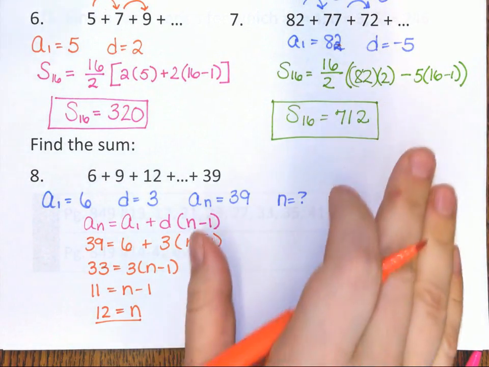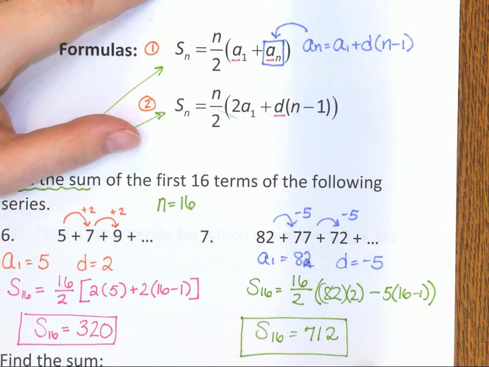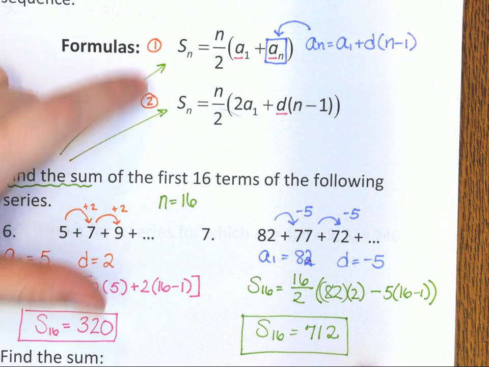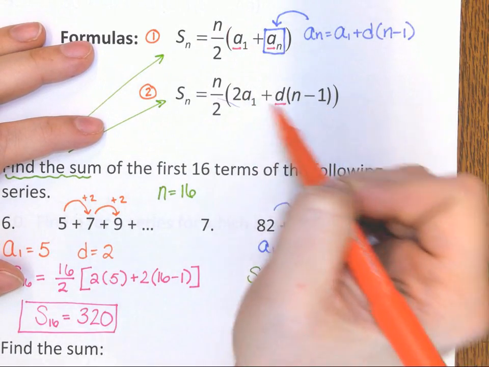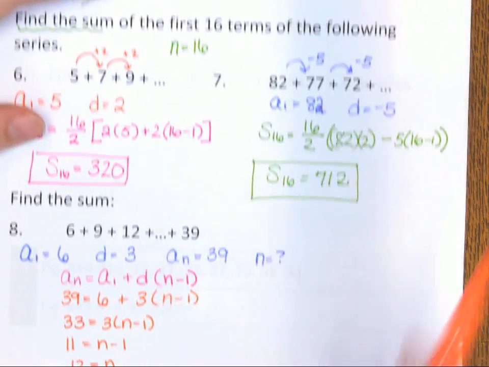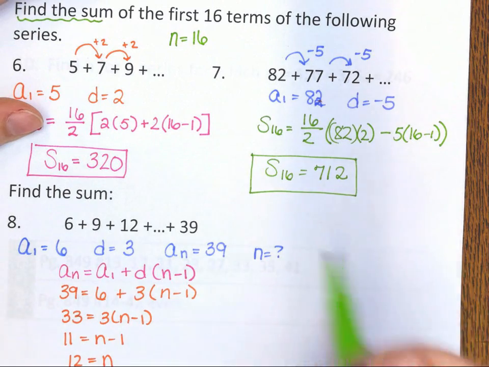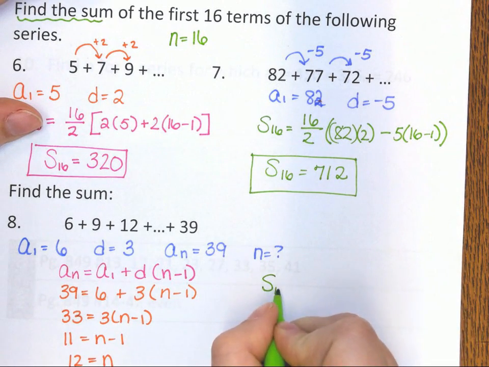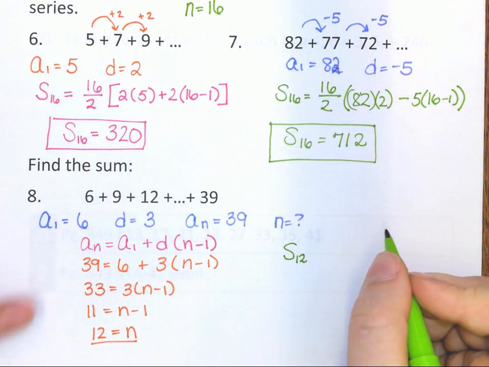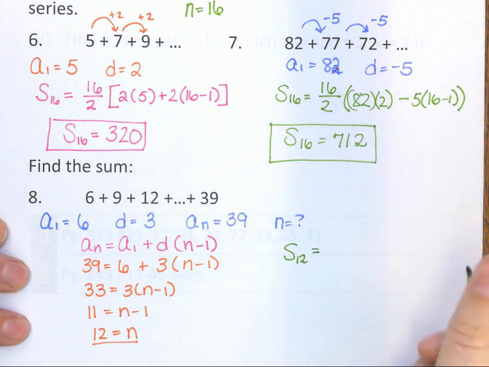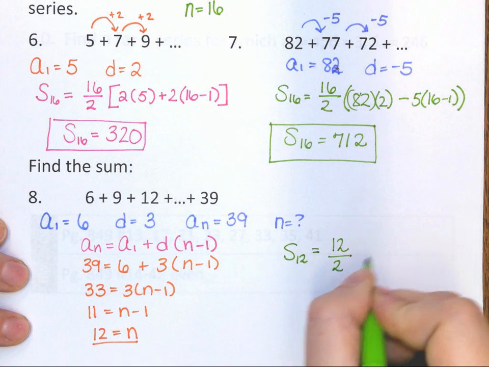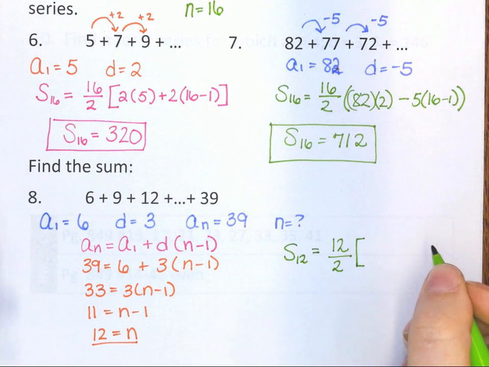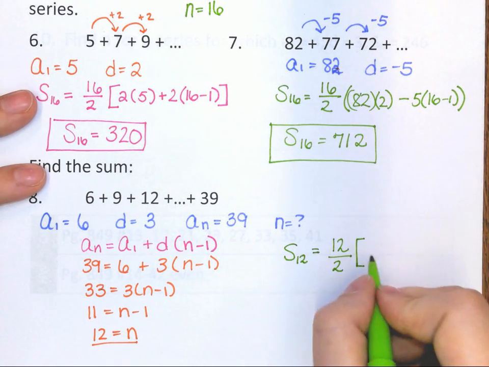And really it's up to you. Which formula would you rather use? The first one or the second one? First. I would go with the first one too, because if you have those pieces, it's a little bit less to plug in. So I'm just going to go back to that first equation and say the sum of the 12 terms, because that's what my n is equal to, that number, 12, over 2, times, what is the first number?